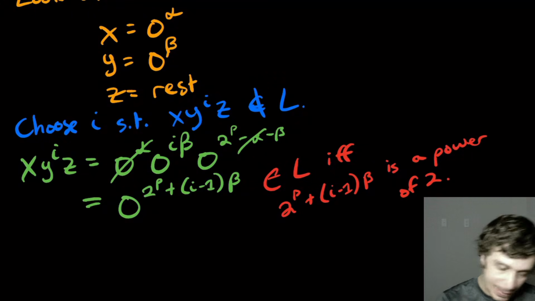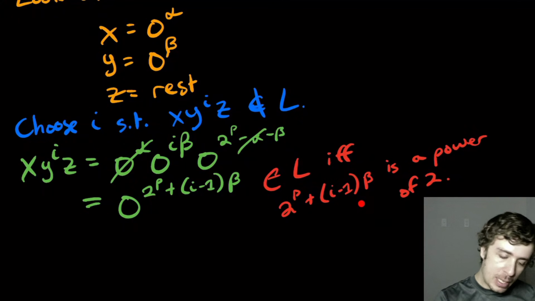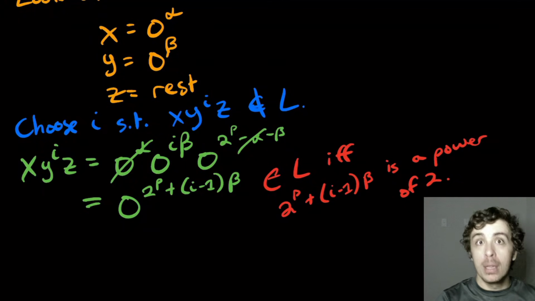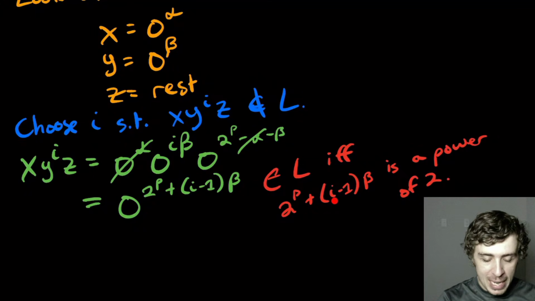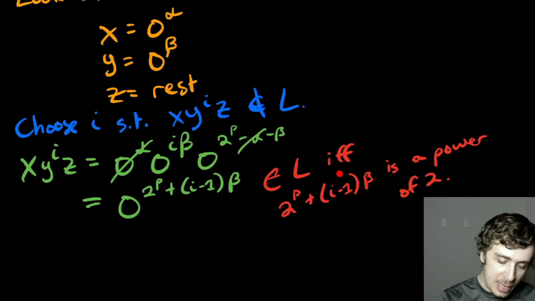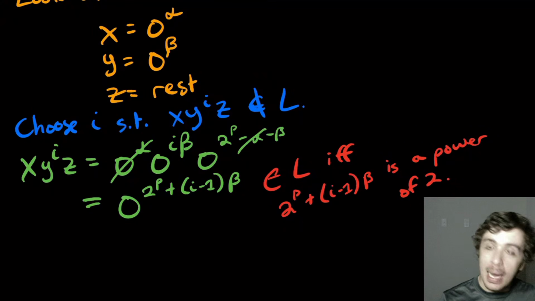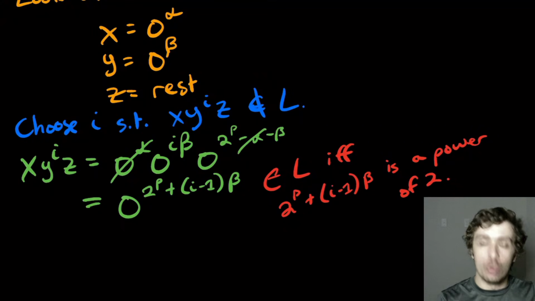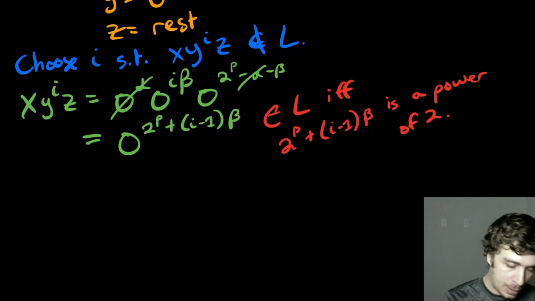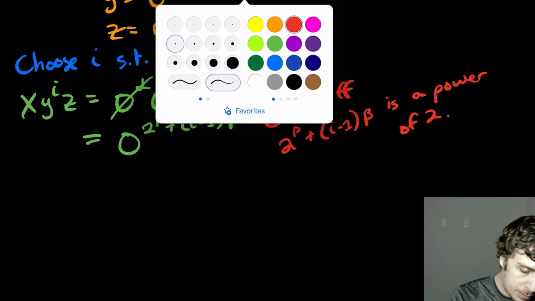Okay. So let's see. What we can do is to think, well, if we set I equal to 1, then this thing would be 0. And so 2 to the P plus 0 is 2 to the P, which is a power of 2. So what if we set I equal to 2 as an example?